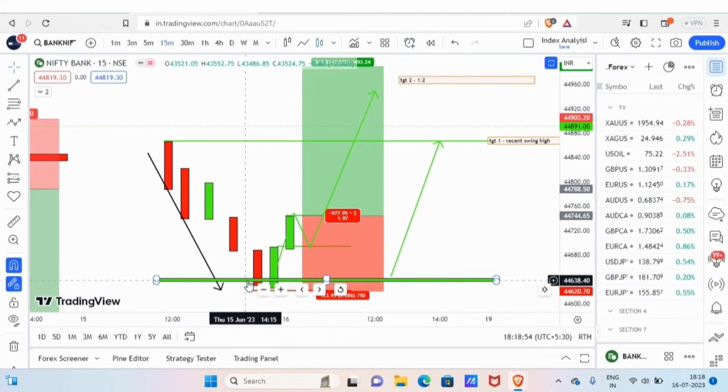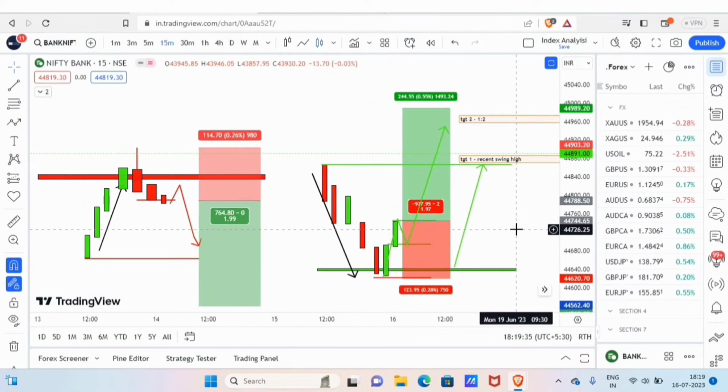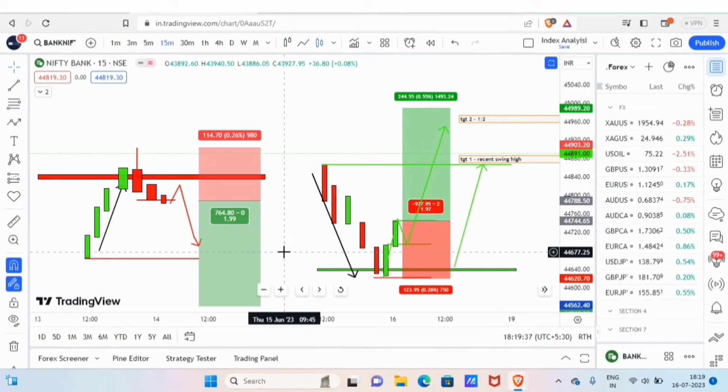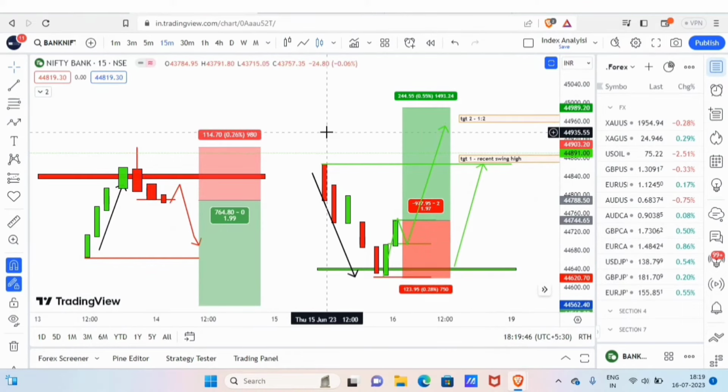The red candle closed below the demand zone, but there was no confirmation candle for the sell. Instead, the next green candle opened below the red candle and closed above the high of the red candle. So these are the two trade setups for a breakout failure, and this is happening every day in our Bank Nifty, following the new expiry which has been introduced almost every day of the week.